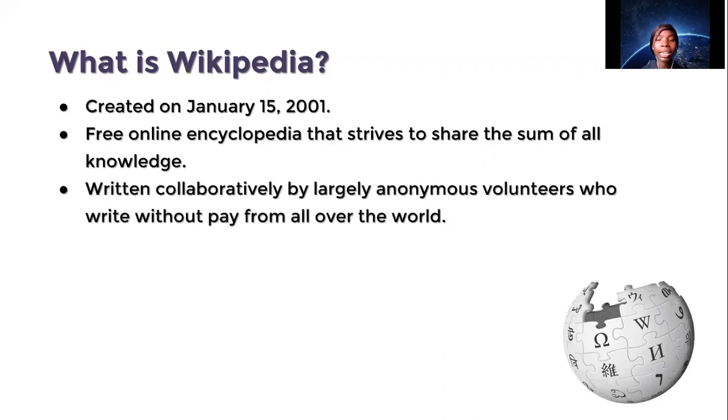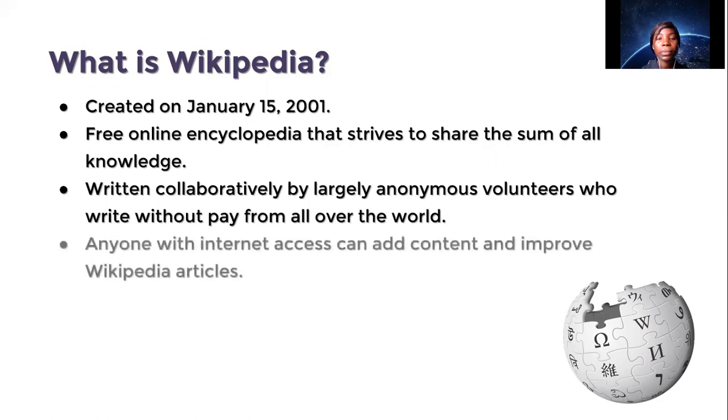And Wikipedia is a community. It's a very large anonymous community of volunteers who write without pay from all over the world. Anyone with internet access can add content and improve Wikipedia articles. So regardless of where you are located, you can always improve content on Wikipedia.